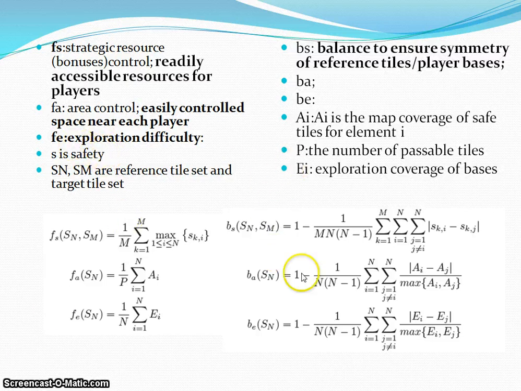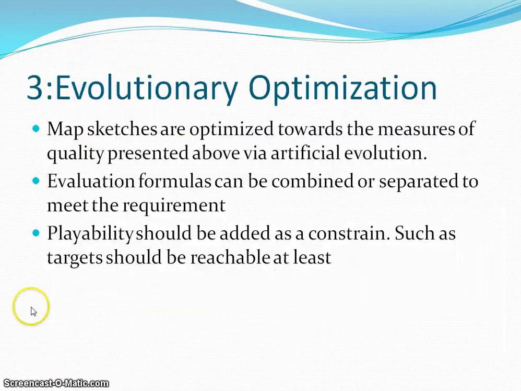And then we have the balanced version of the three formulas here. Why do we need the balance? Because we need to ensure the symmetry of the reference tiles or the player bases. Map sketches are optimized towards the measures of quality presented above using artificial evolution, which mimics biological evolution.